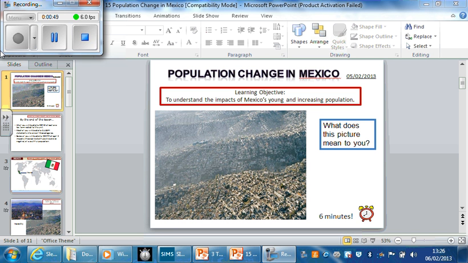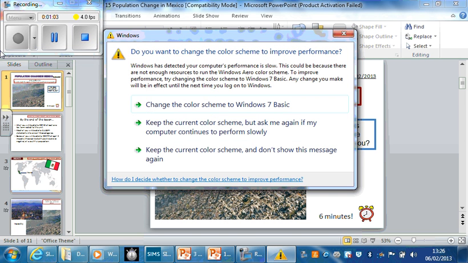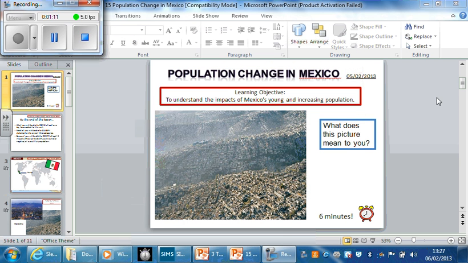An increasing population, and we need to find space for all of those people to live. So it's ended up with these houses expanding outwards and outwards from the city centre onto these hills and into these shanty towns or these slums that you can see on the outskirts of the city there.